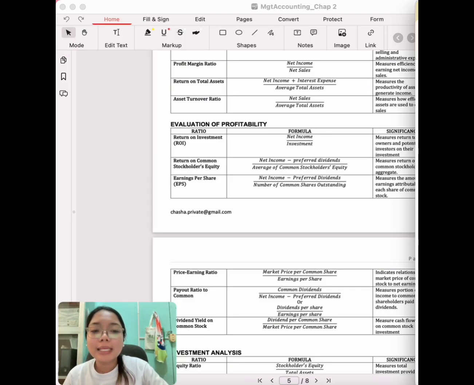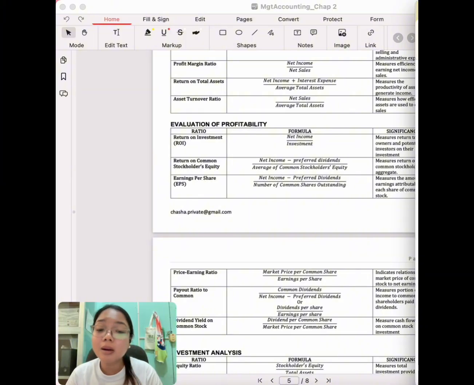Okay? Next is the price-earnings ratio. The price-earnings ratio naman, or the P/E ratio, shows the relationship between the market price of a common share and its earnings per share. So, for example, if the market price is 50 pesos and the EPS is 5 pesos, then your price-earnings ratio is 10 times. 50 divided by 5, that is 10 times.